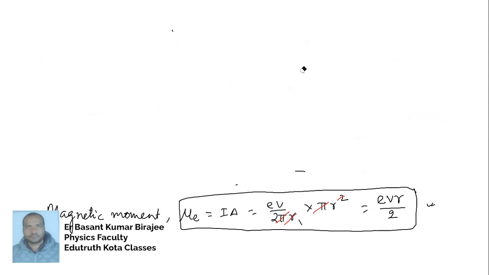Now, according to Bohr's model, up to class 12 we follow Bohr's model, the angular momentum of an electron is quantized.